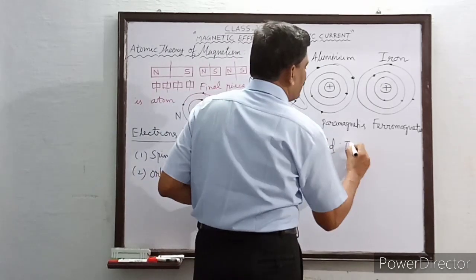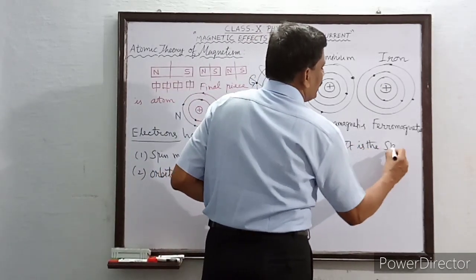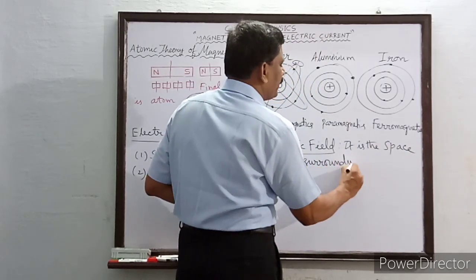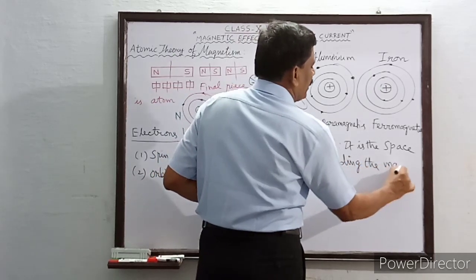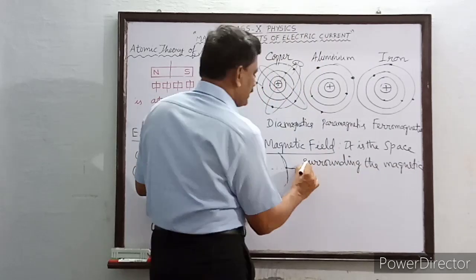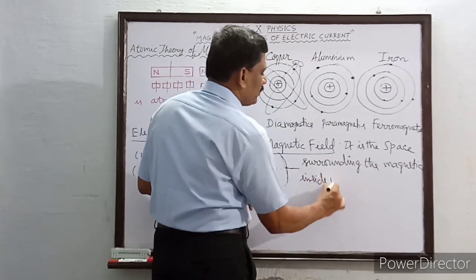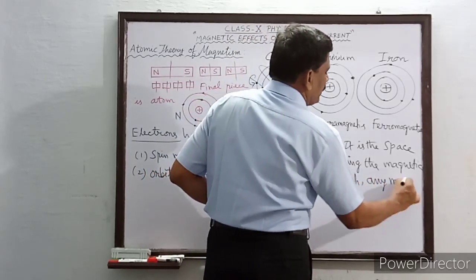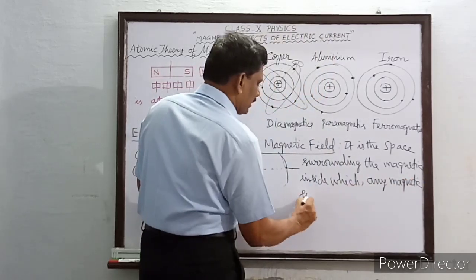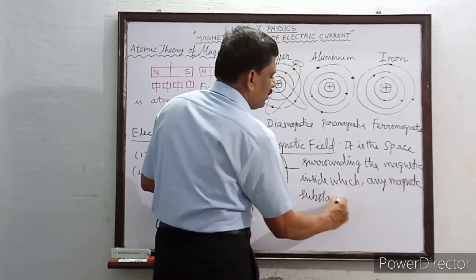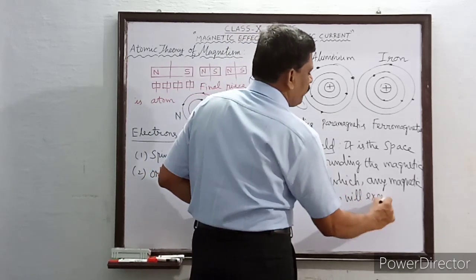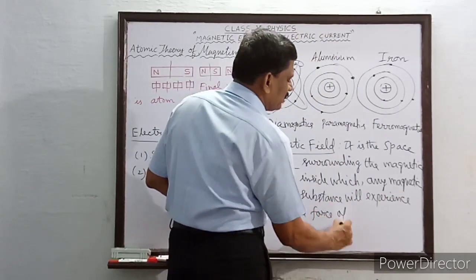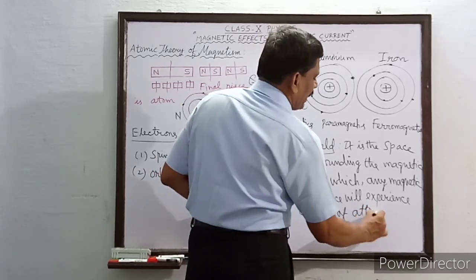How to define it: it is the space surrounding the magnet, inside which any magnetic substance will experience a force of attraction. This is called the magnetic force of attraction.